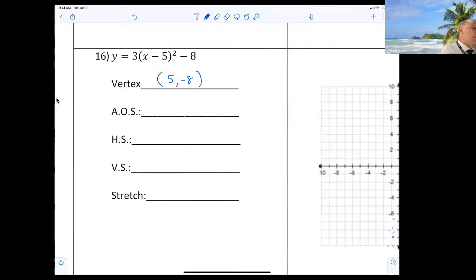So now everybody can tell me what the axis of symmetry is. No. X equals 5. Remember, axis of symmetry is a line, so we have to write it as x equals. So now I shifted what? I shifted to the right 5, and then I did what? Down 8. Then I went down 8, and my stretch is 3.